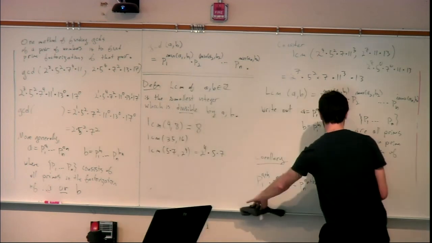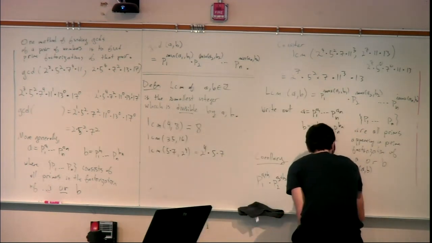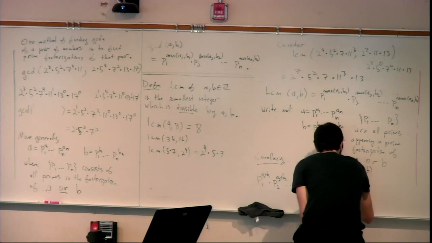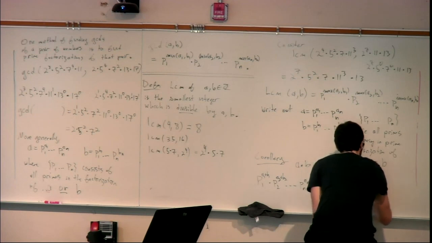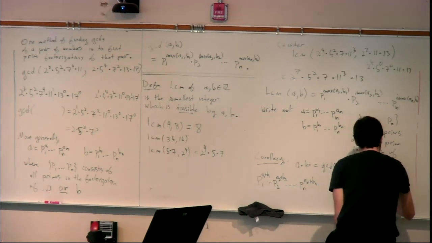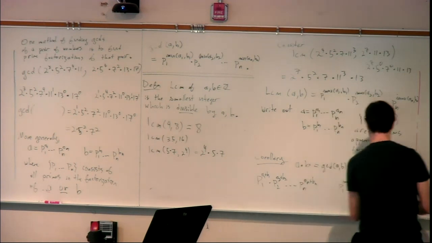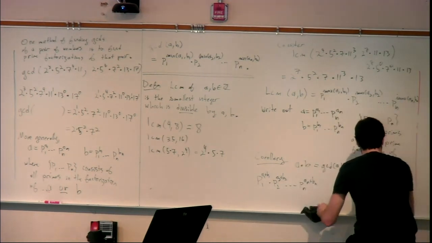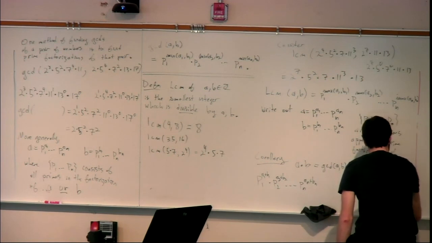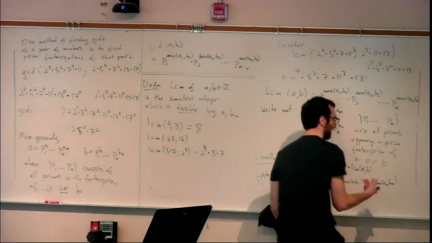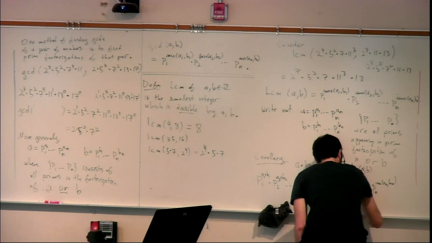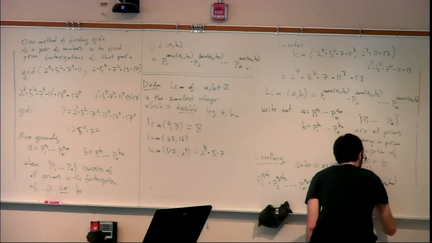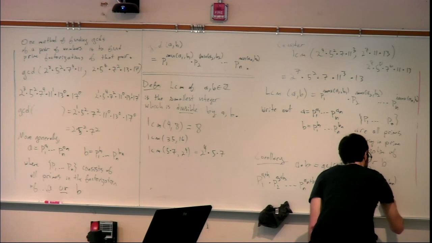And then on this side, I check what is the GCD equal to. Well, the GCD is equal to P1 to the min of A1 and B1, all the way up to Pn to the min of An and Bn, times, now I do the LCM, P1 to the max of A1 and B1, times Pn to the max of An and Bn.